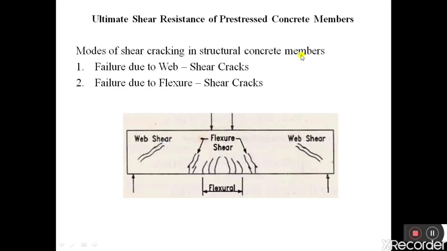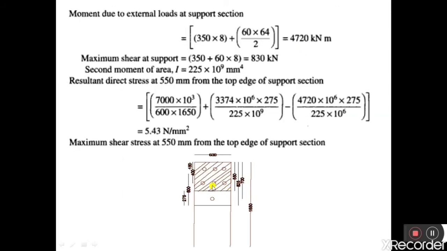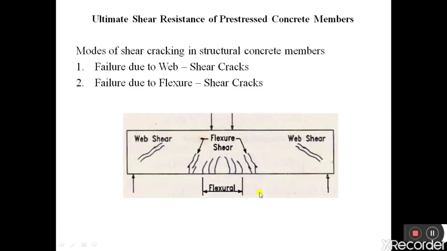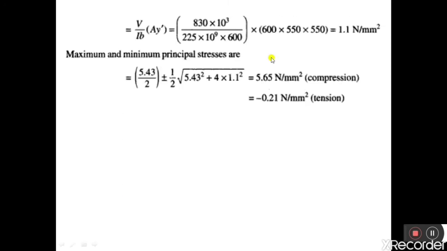So we are calculating the principal stress along this plane. Therefore, we should consider this area. We should consider the stresses developed in this area, this shaded portion. Therefore, the area of this shaded portion will be 600 into 550 mm, and that is what is substituted here.